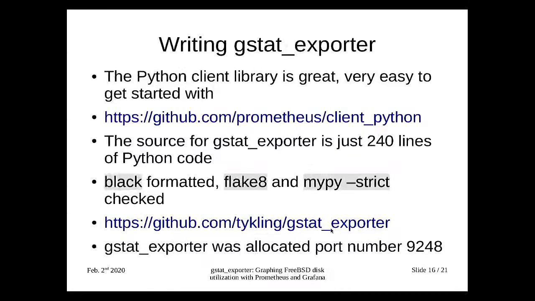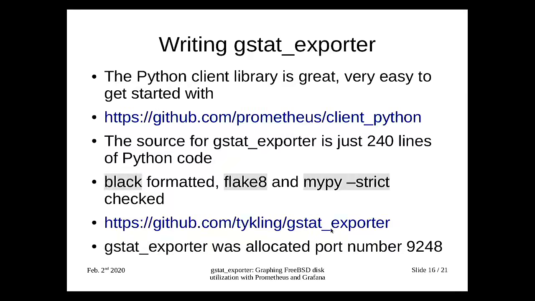Okay, so with gstat, with the -C mode, we have everything we need to write an exporter. Like I said, the Prometheus client library is easy to get started with. The gstat exporter is 240 lines. It sounds like more than it is because it's formatted with these code beautifying tools, and they are very generous with the new lines.